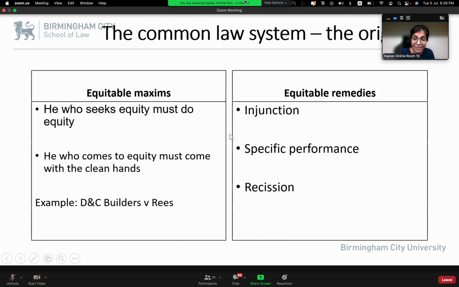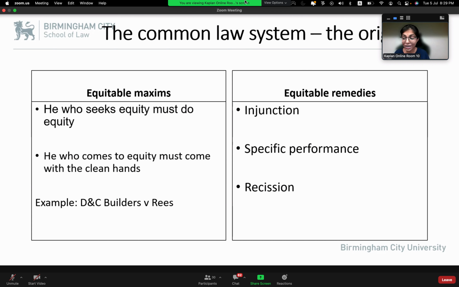So these are some examples of equitable maxims and equitable remedies developed by the Chancery Court. Example number 1. He who seeks equity must do equity. That's what it simply means. So when we say he who seeks equity must do equity, the interpretation is, if you are seeking justice, your conscience must be clear.